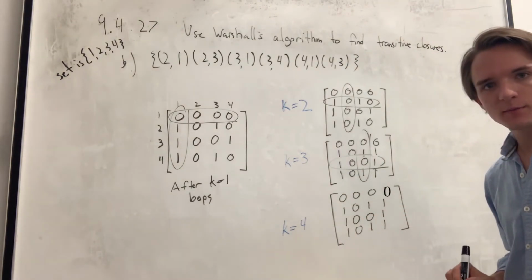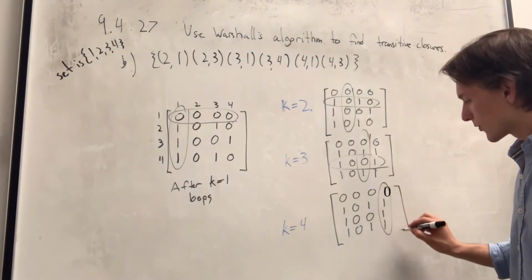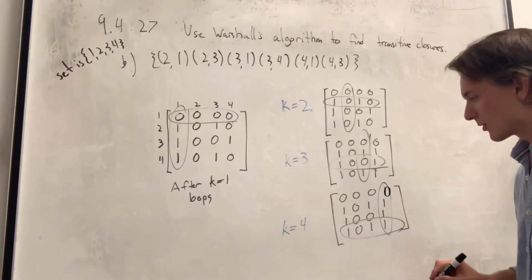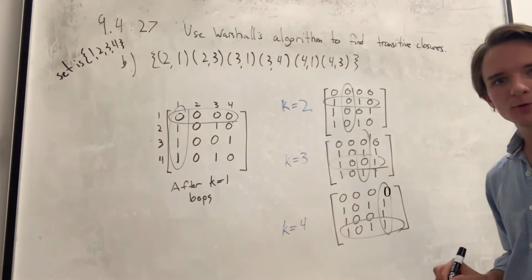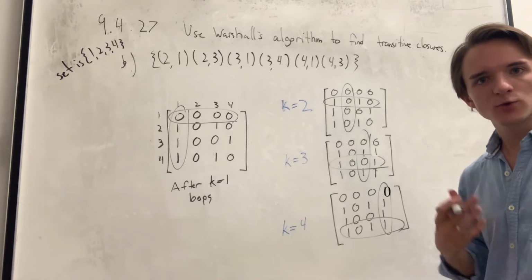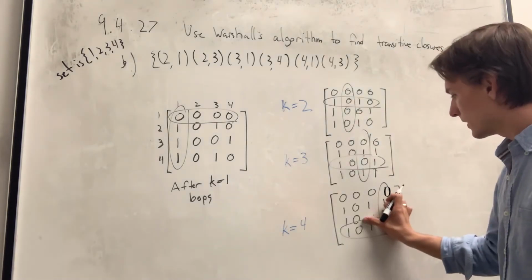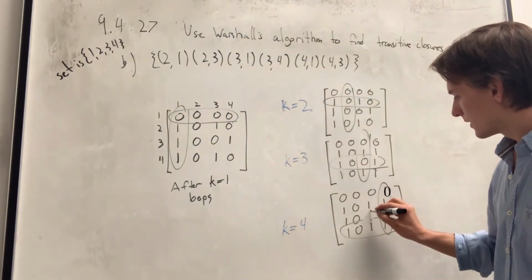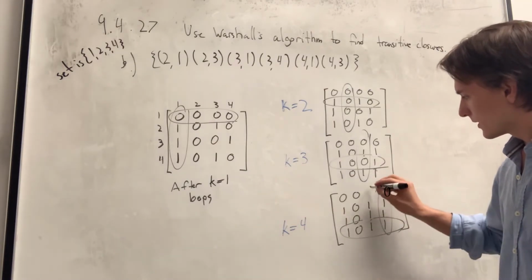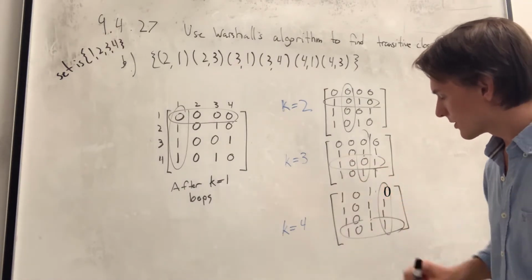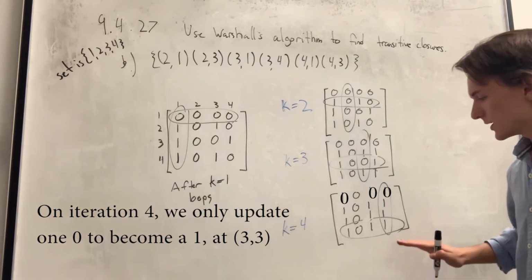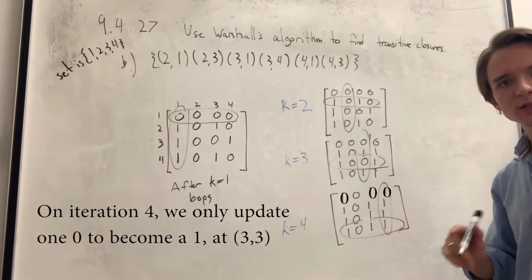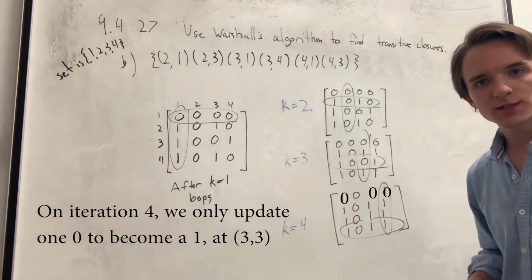Looking at this final matrix, the 4th column, 4th row, it looks like the only 2 values that will be updated with new transitive relations will be this 0, and this 0. And we're finished. This is what the matrix looks like with all the possible transitive relations added.